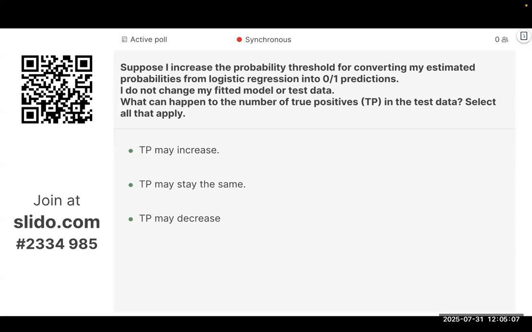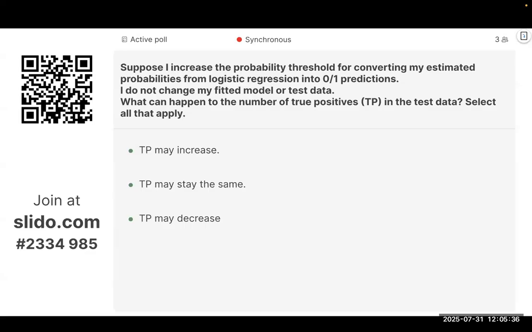Okay, so honing in on this idea of how threshold can change the counts of these numbers in a confusion matrix, let's consider this problem. Suppose we have a logistic regression model, and suppose we increase the threshold. Remember, threshold is what converts estimated probability to predicted labels.